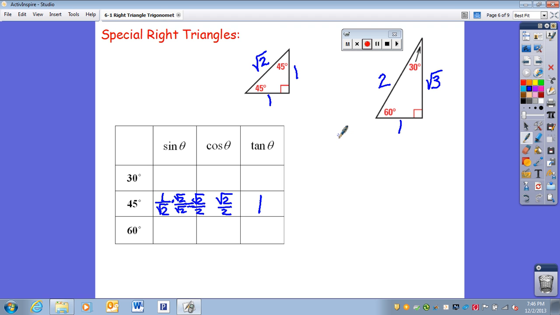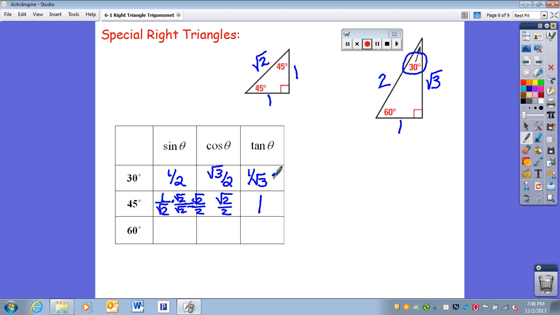So when we use those relationships to find sine, cosine, and tangent, first of all, of our 30-degree angle, which we use as our theta, we have 1 over 2 for our sine. Cosine is the square root of 3 over 2. And tangent is going to be 1 over the square root of 3.